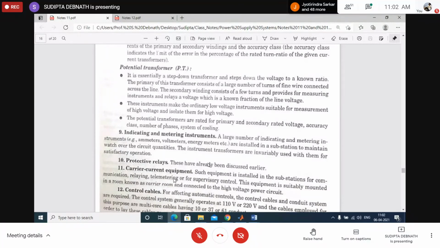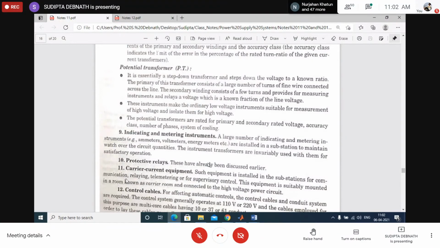Then carrier current equipment. Such equipment is installed in substations for communication purposes. Communication is essential because there is a control loop. Nowadays, maintenance personnel are not roaming everywhere finding where the fault has occurred, or which line is to be switched off or on. Everything is done from the control room.